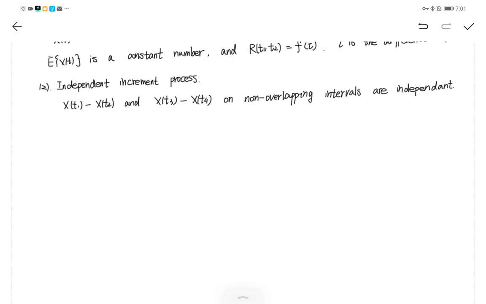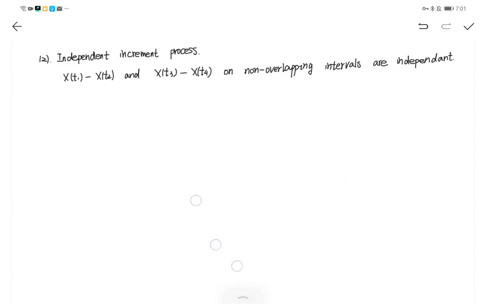And here are some examples. We can find that the Poisson process, the random walk, and the Wiener process, they are all independent increment process.